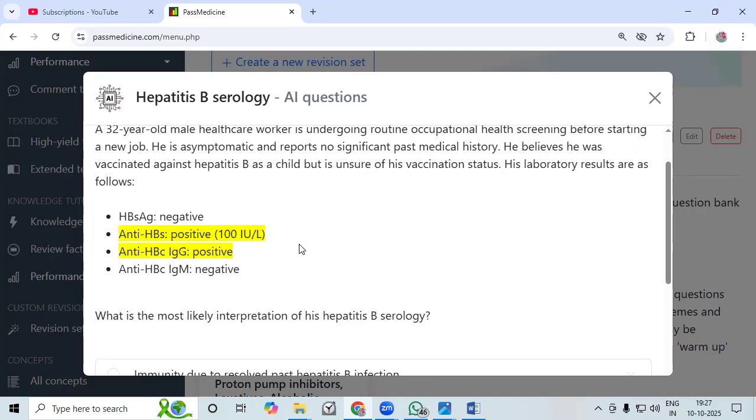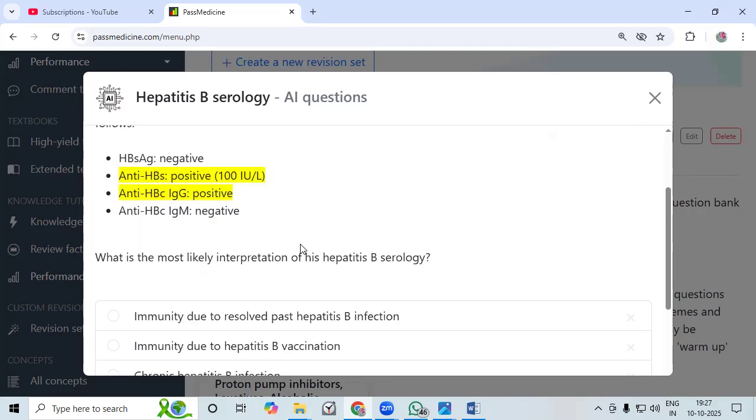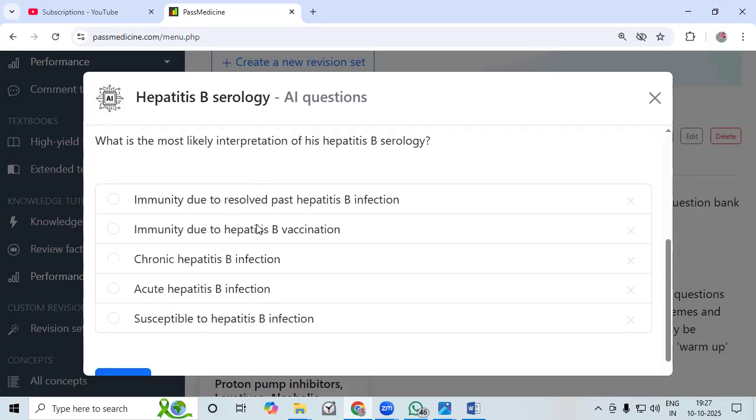Anti-HBs positive, 100 international units per liter. So the antibody against HBs is positive. Anti-HBc IgG positive, and anti-HBc IgM negative. So this guy is protected.